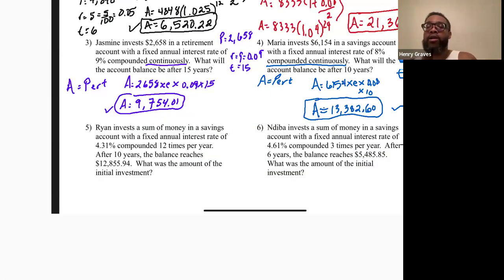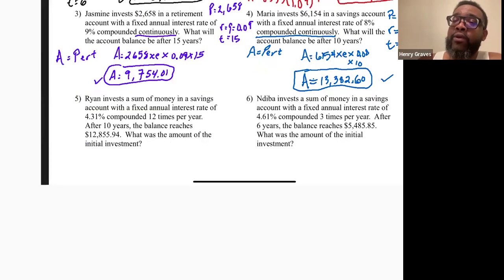Number five, Ryan puts money in a savings account with a fixed interest rate, compounded 12 times a year. That's very important. Ooh, now it's harder. Okay, so I don't know the principal, but I know the amount of money he has left.